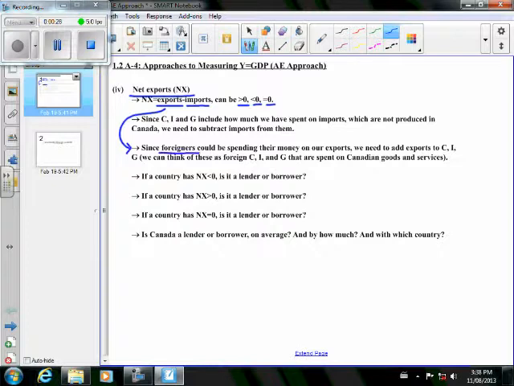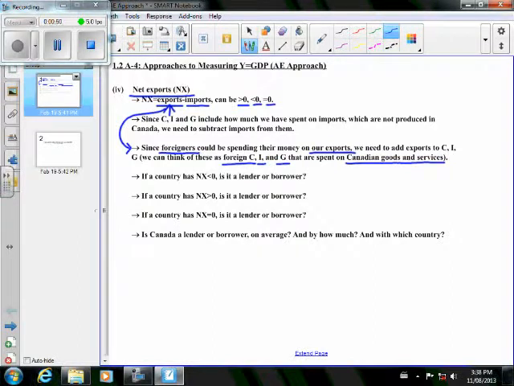Americans, Chinese, Europeans could be buying Canadian stuff, and therefore we can think of our exports as being foreign consumption, foreign investment, foreign government spending that are spent on Canadian goods and services produced in Canada. Hence, this is a fourth group of buyers of Canadian stuff.